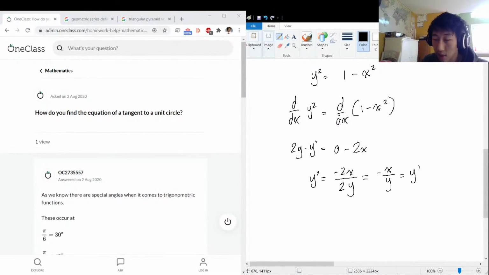Okay, so that's going to be the slope to the tangent line of a unit circle.